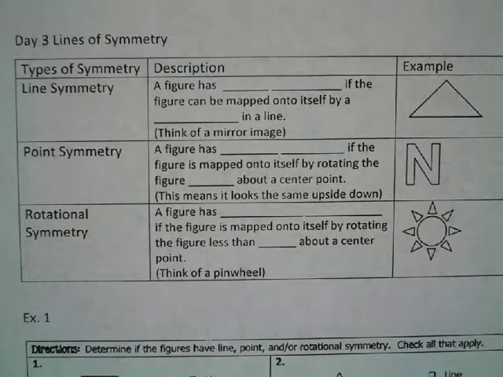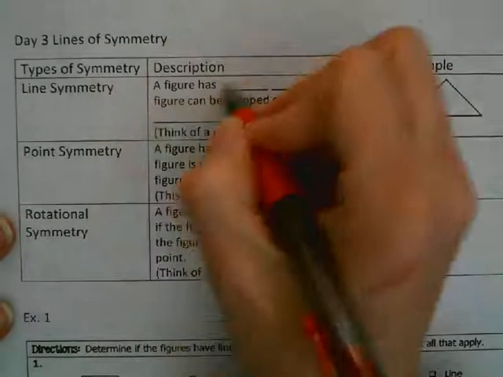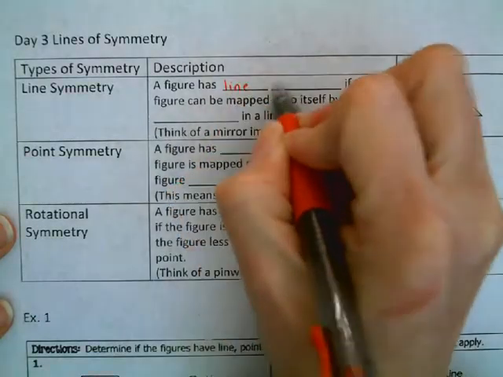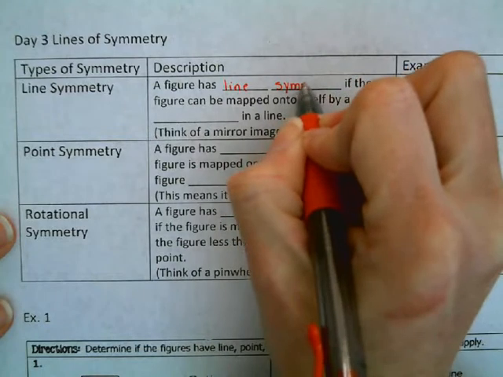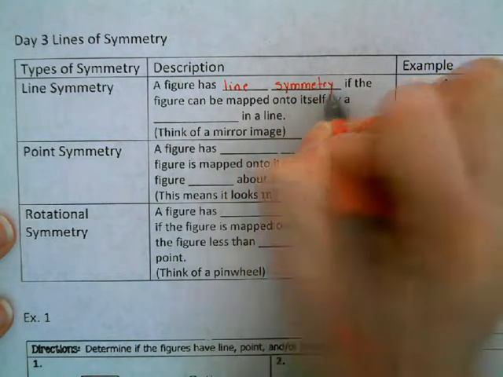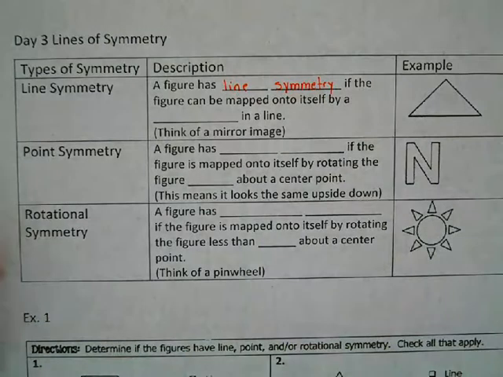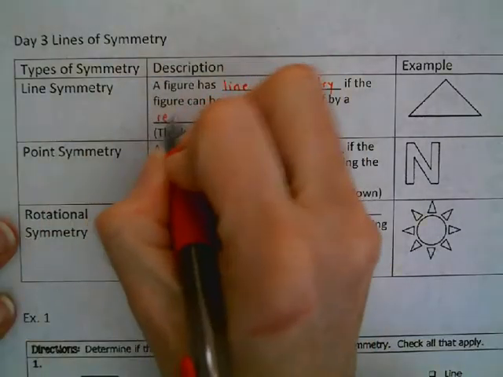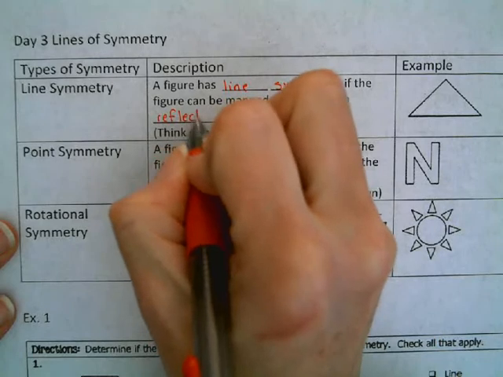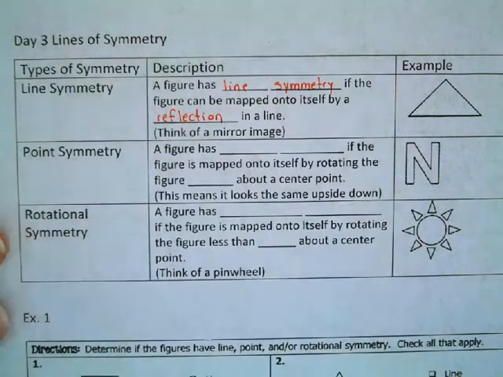Line symmetry happens when a figure has line symmetry if the figure can be mapped onto itself by a reflection in a line. So when you're thinking about this, it's like the mirror image.